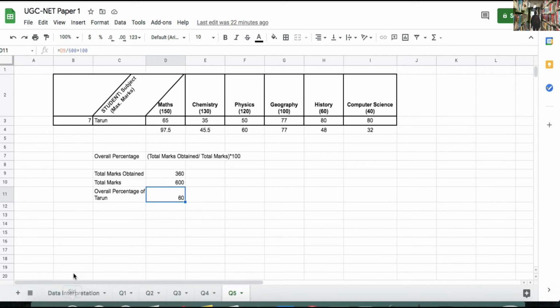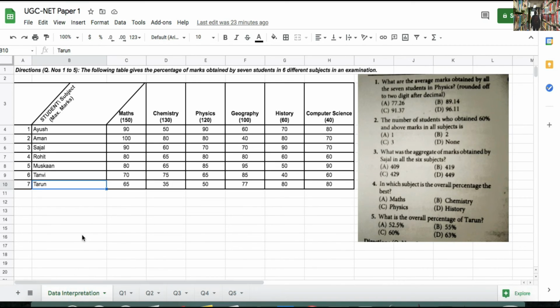Now if we go to the Data Interpretation tab, see the option is what is the overall percentage of Tarun, third, 60%. Okay, so it's very simple, you should not be worried when you see a DI question, it's very easy, just look at the data set and understand. Here the most important thing is it clearly mentions the following table gives the percentage of marks obtained by 7 students in 6 different subjects, so these are percentages, these are not marks.